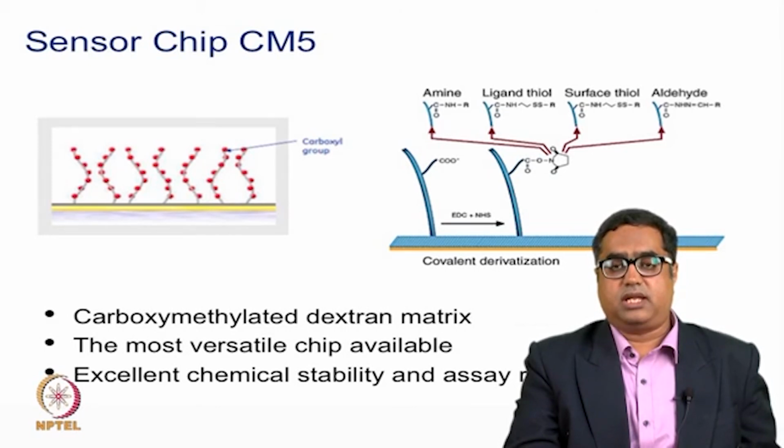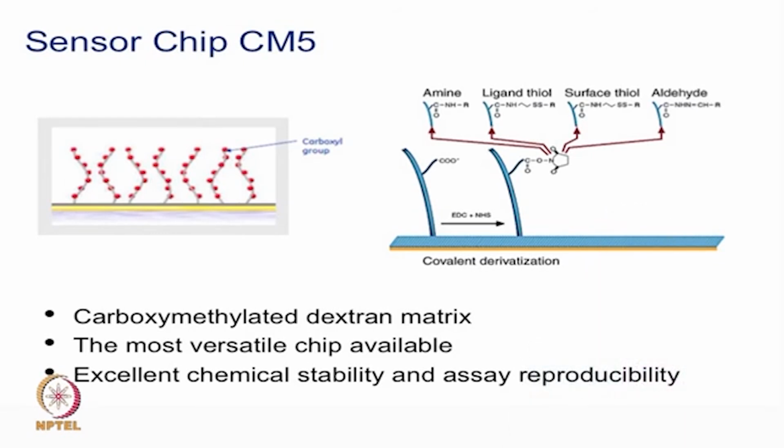The glue attaches the dextran to the gold, and on the surface of the dextran you see those small areas which are called carboxymethyl groups, which are getting activated, and the activation of the carboxymethyl groups helps us to immobilize our ligand by amine coupling, thiol coupling, or aldehyde coupling.